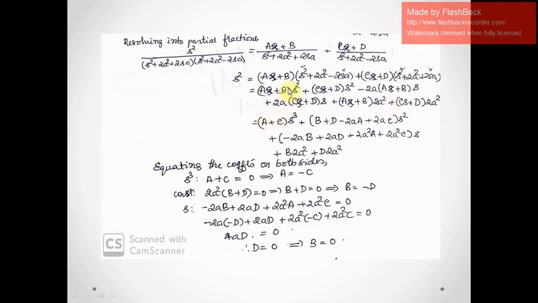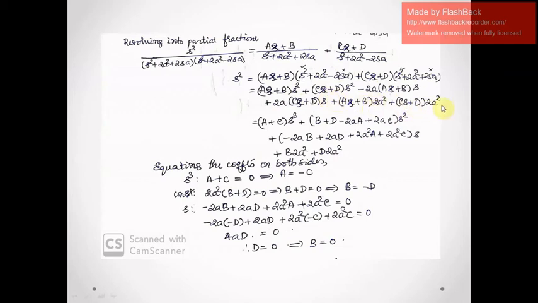Next I'll separate s cube. Look here, s into s square gives me s cube. There is no s cube coming from here. S into s square gives me s cube. There is no s cube coming from anywhere here. This can give me only s square or s.